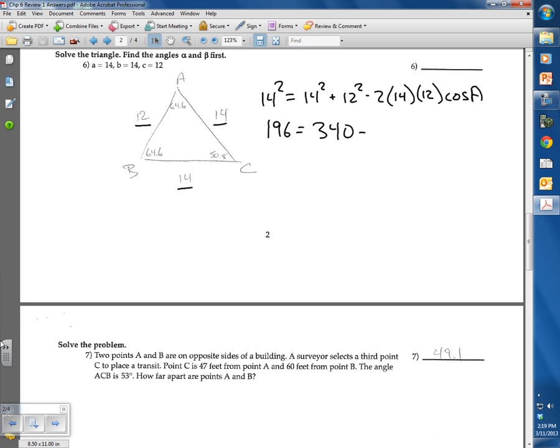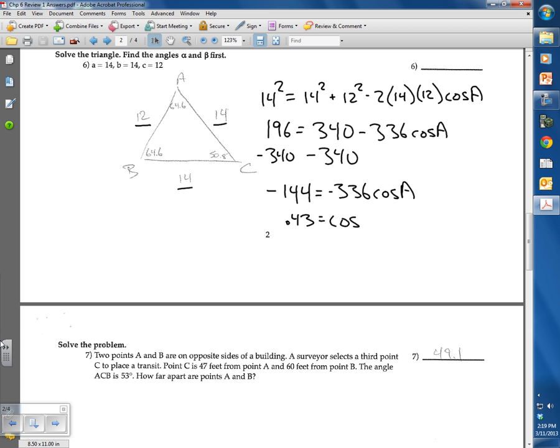Minus 336 cosine A. You cannot put these two things together on the right side. I have to subtract the 340. 196 minus 340 is negative 144 equal to negative 336 cosine A. We need to divide both sides by negative 336 to get 0.43.